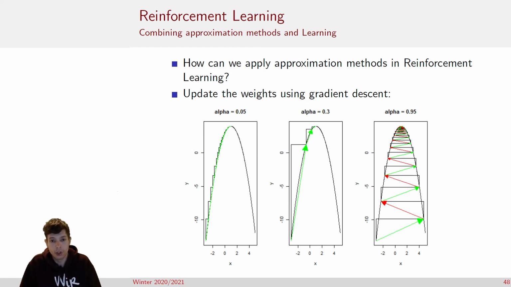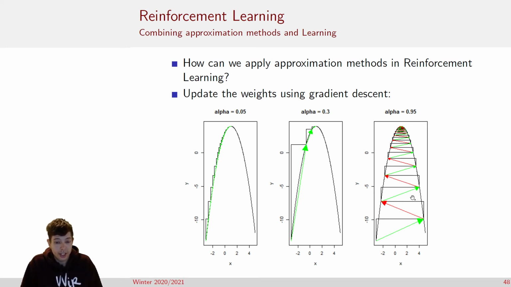And by running the algorithm multiple times, you learn, of course, what a good value of alpha is. There is not really a rule of thumb for that. It always depends on the application that you have. And so this is just trial and error to find suitable values for alpha.